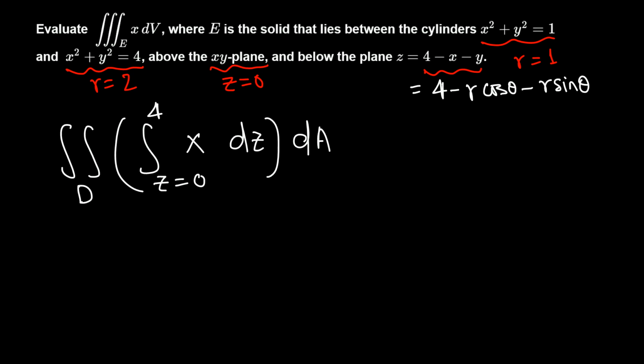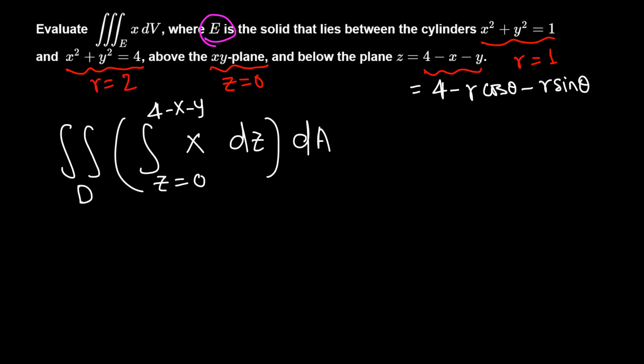For now let me write 4 minus x minus y. Now we need to find this domain, this region D, that will be the projection of the given solid E into the xy plane, and we convert this into r dr d theta.